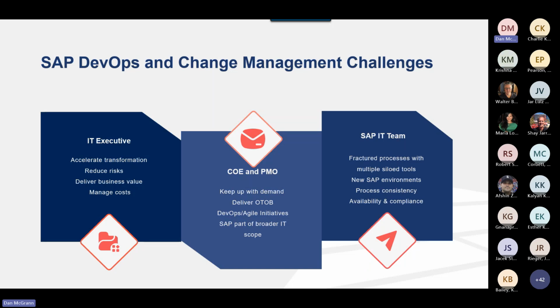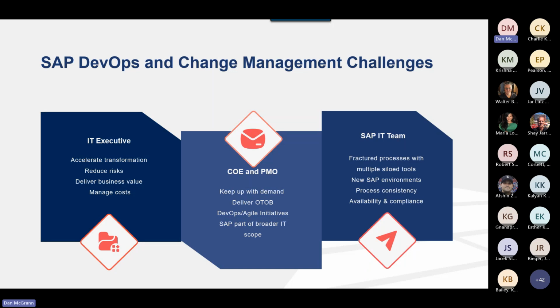The people involved in the Center of Excellence or project management organization, they have all this change that is coming through projects and the daily SAP change support they need to do. They need to deliver those projects on time, on budget. They might be using DevOps and Agile initiatives to help manage that. And also they realize that SAP is part of the broader scope of the entire organization, right?